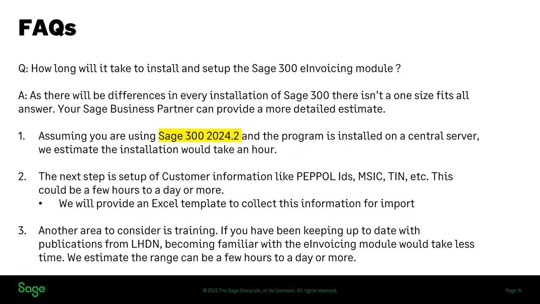So one of the things we're going to do is provide an example Excel template where this information can be collected and later imported into the e-invoicing module, just like when you were setting up accounts receivable and needed to put in information for the customers, right? Then the other item to look at is training.